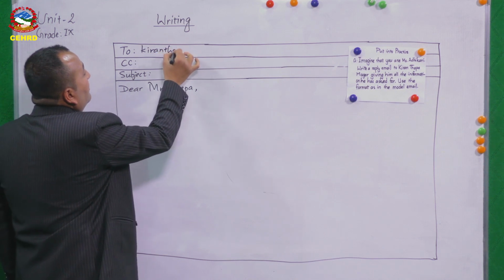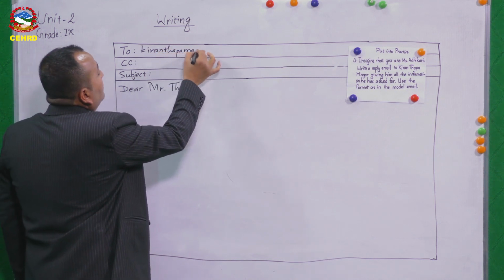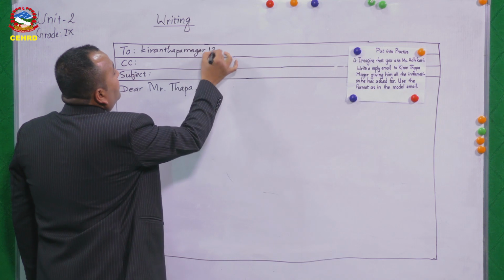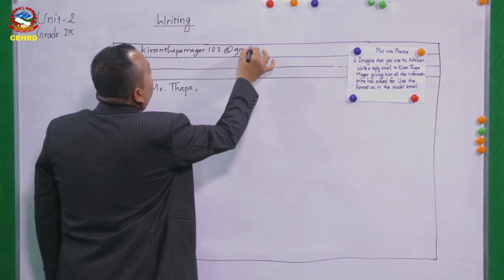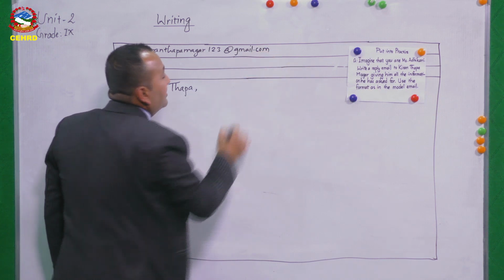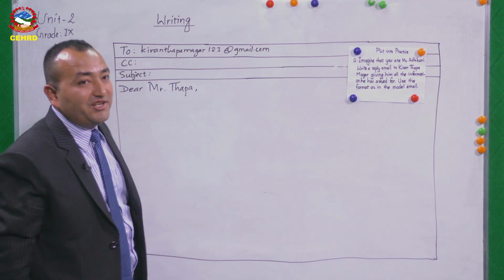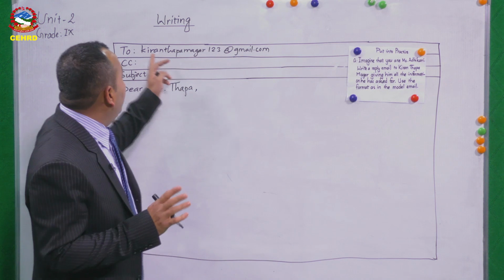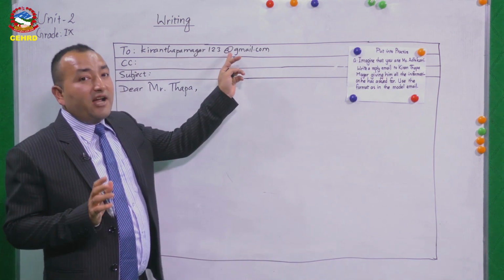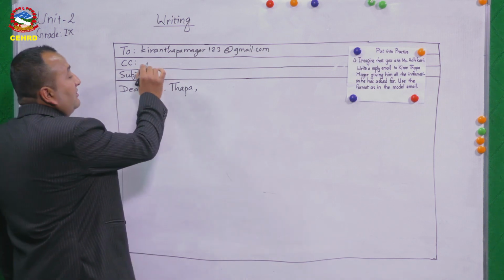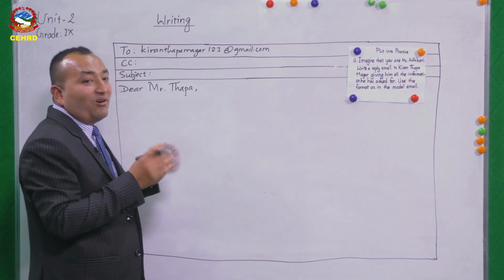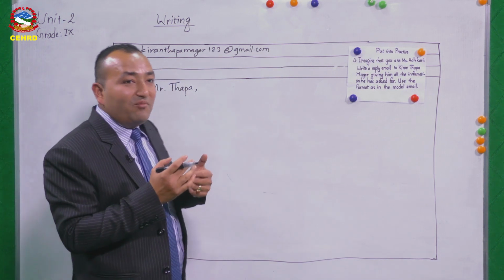Kiran Thapa Magar 123@gmail.com. This is one imaginary email ID. I just made it up. So Kiran Thapa Magar 123@gmail.com. Suppose you type that one. This is all about typing on your computer, or you can do it on your mobile phone also.